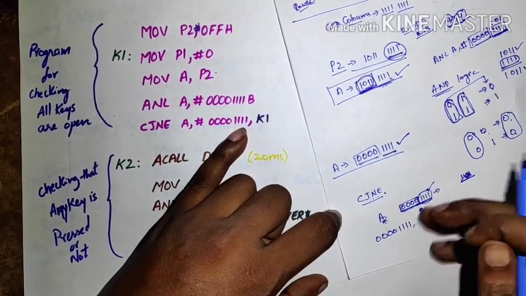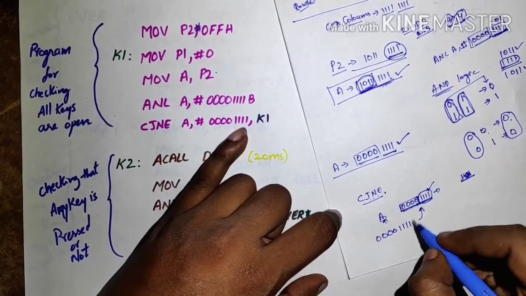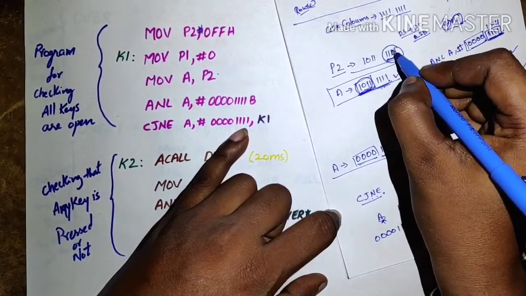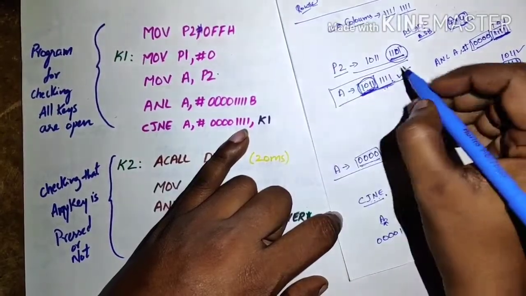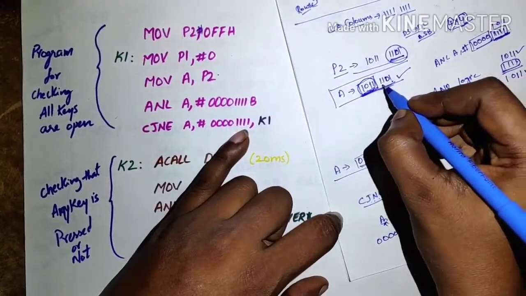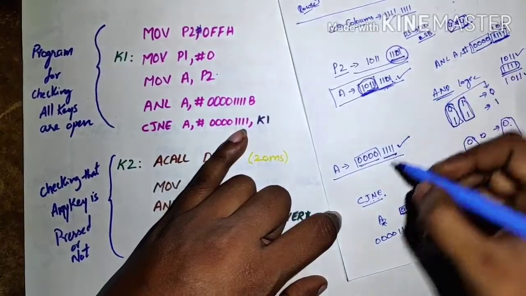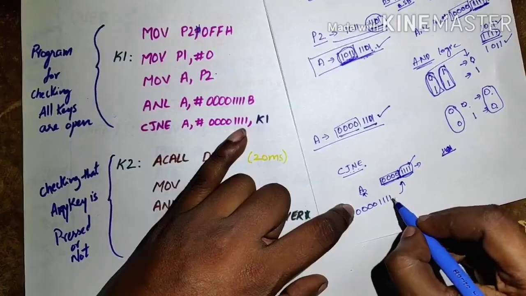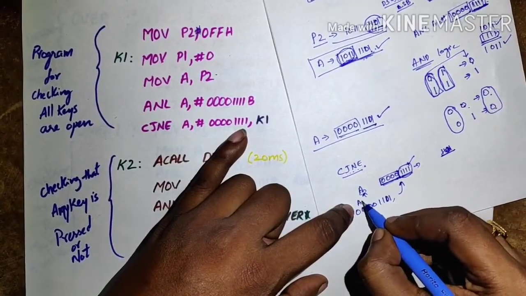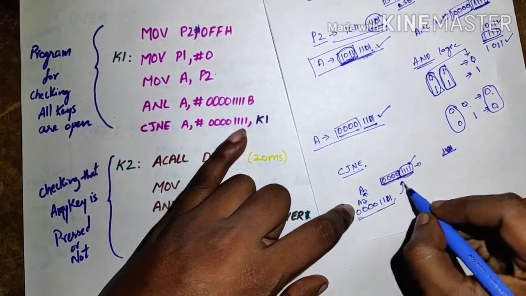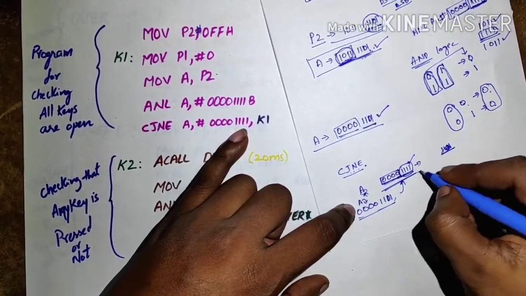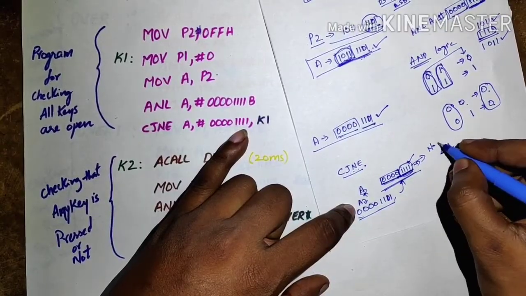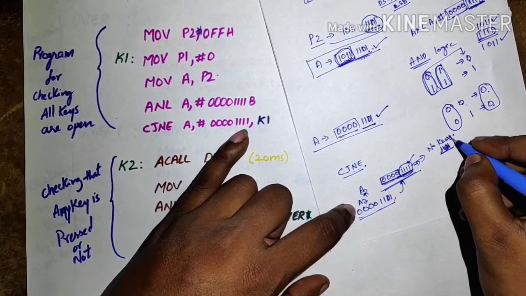If they are not equal, for example, if the P2 value we read is 1101, we move the same value to the accumulator, so the accumulator holds 1101, and even after masking we have 1101. Comparing this with 00001111, the all-ones value is the no key pressed condition.